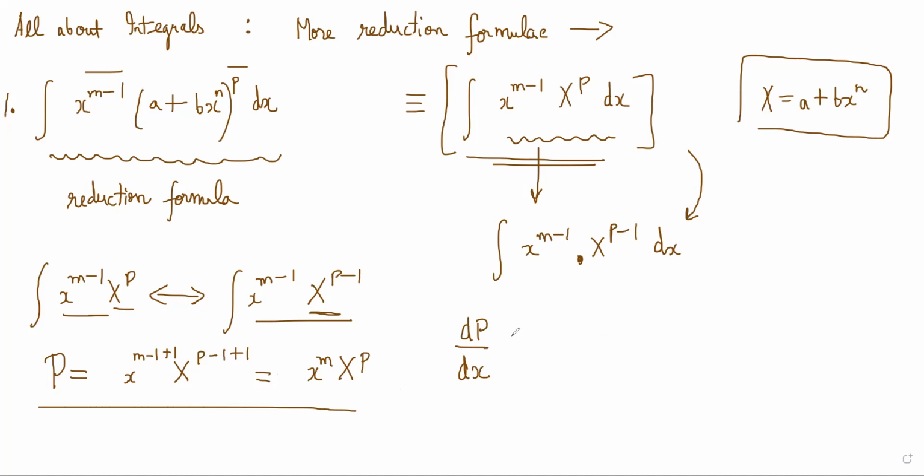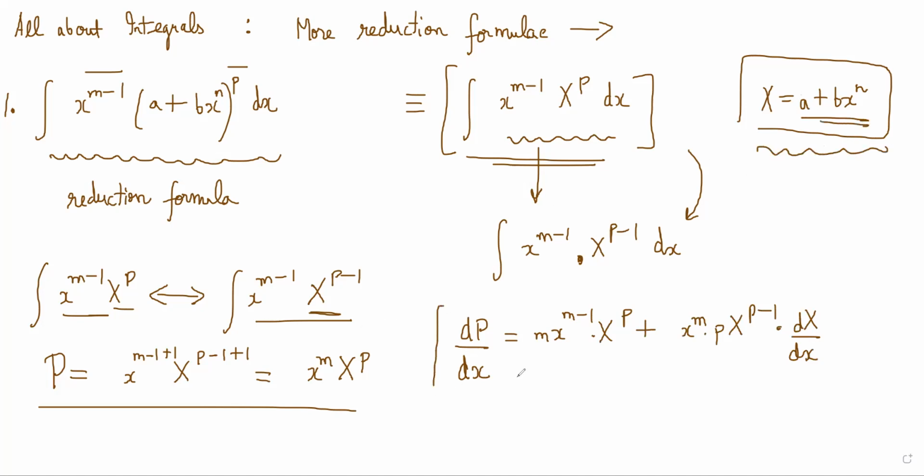Let's differentiate it. It will become m x power m minus 1 capital X power p, plus x power m p into capital X power p minus 1 multiplied by d capital X by dx. Notice that capital X is actually this thing, right? So we get this expression.